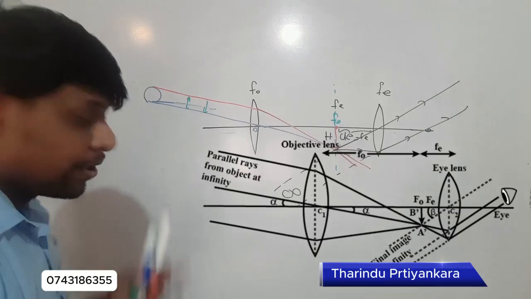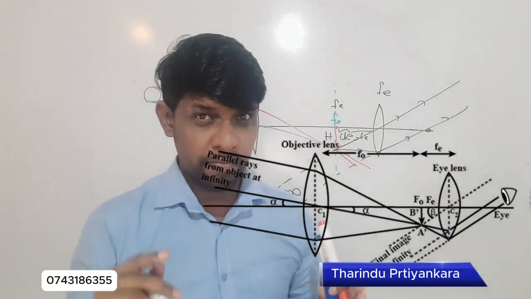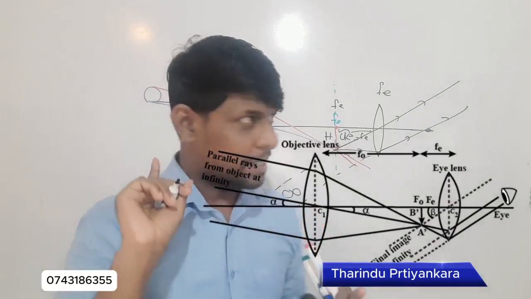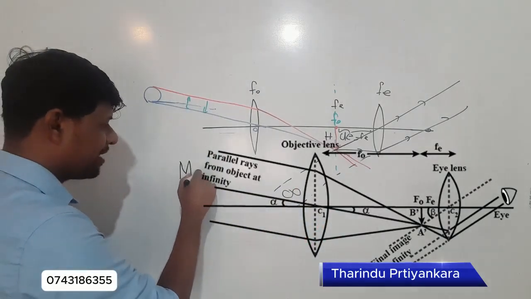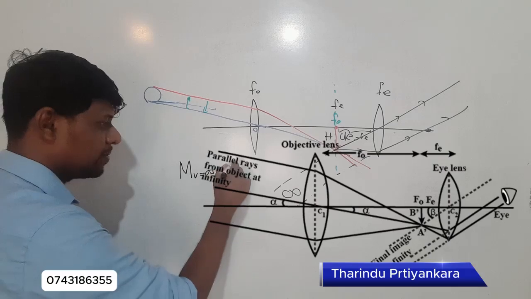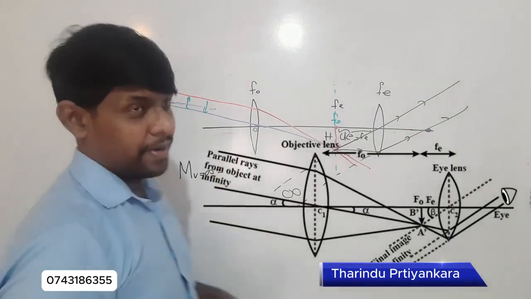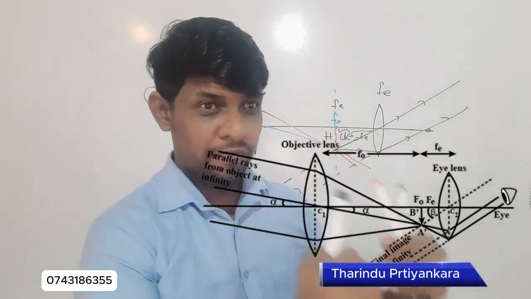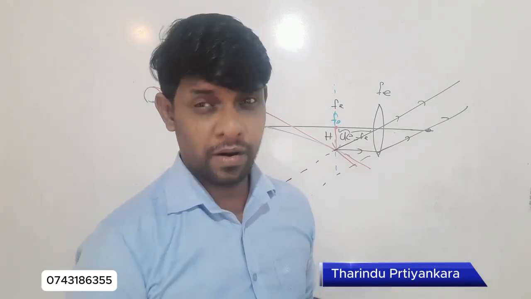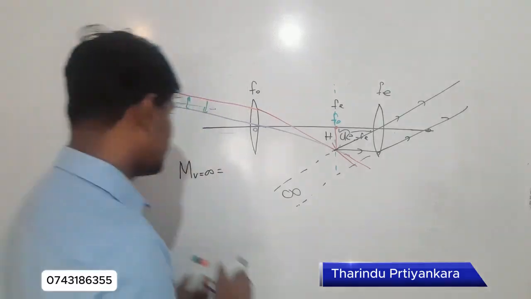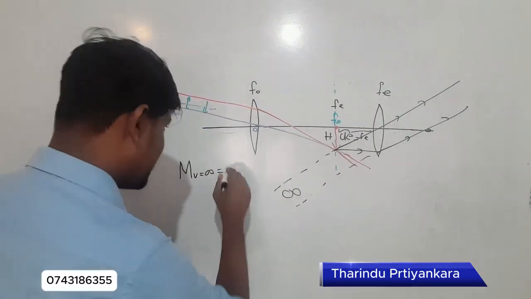Right. To make this angular magnification, you have to have certain two angles. Firstly, magnification of the final image at infinity is equal to, for my notation, many people just use alpha over beta, and somebody uses beta over alpha. I use the beta over alpha case. Okay. My second angle is beta.